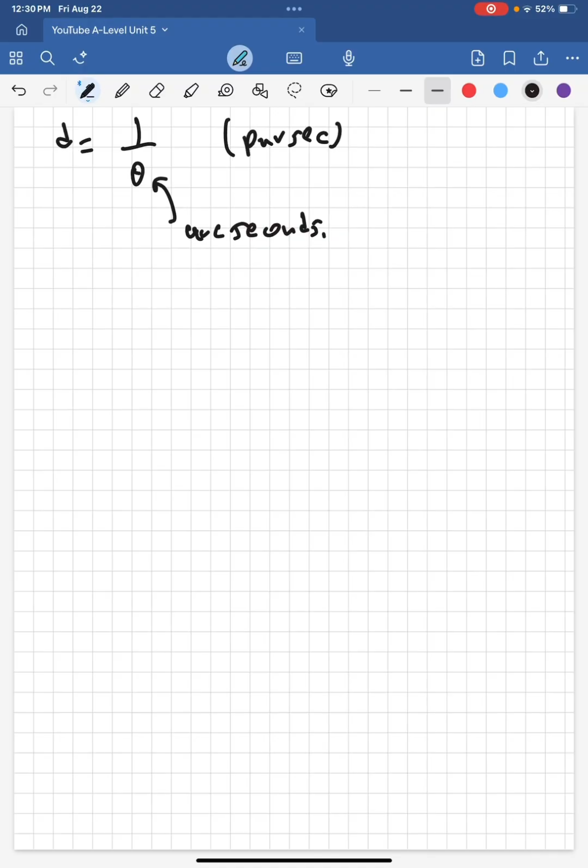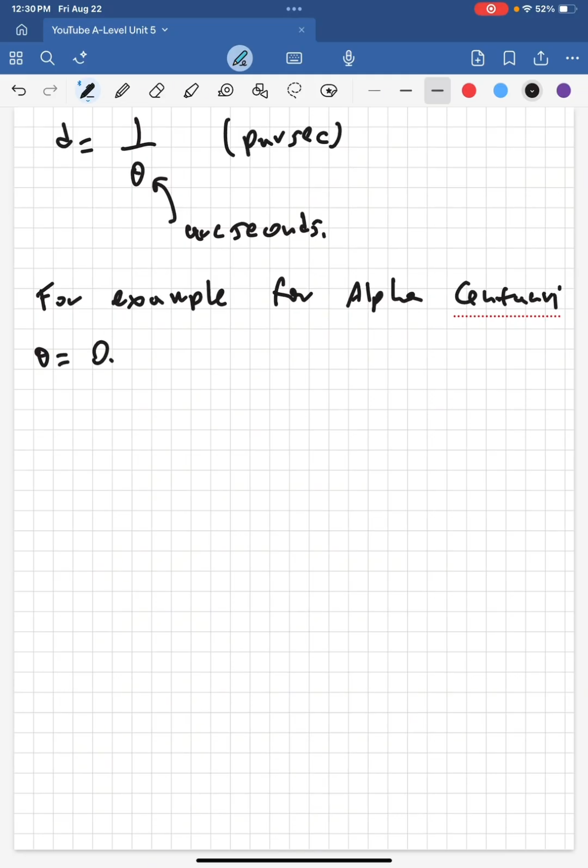So for example, for Alpha Centauri, theta is 0.76 seconds. So d is 1 over 0.76, which is 1.32 parsecs. Okay? And parsecs is also written as PC.